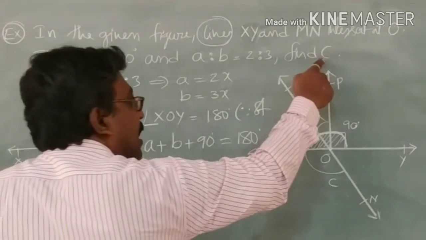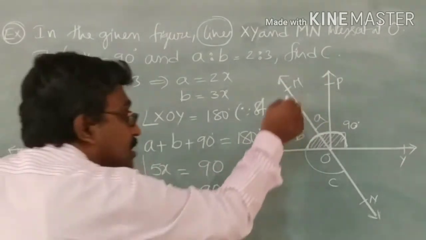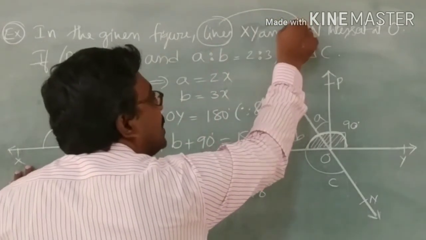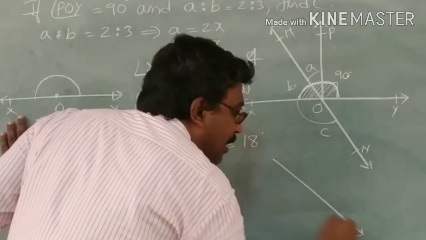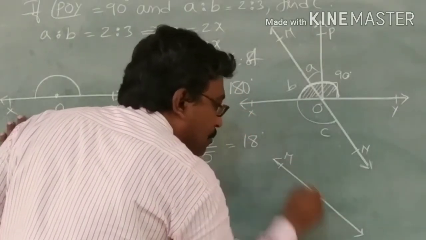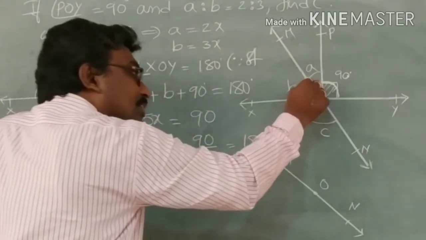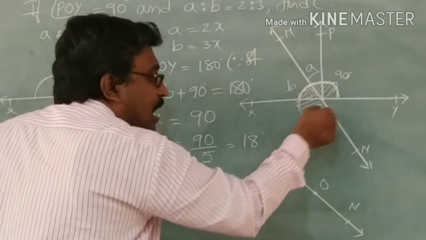But here he has to find C. We need to find out C. That's why he mentioned one more thing. Lines XY and MN. MN is also a line. M, N, O. So this angle is also a line.